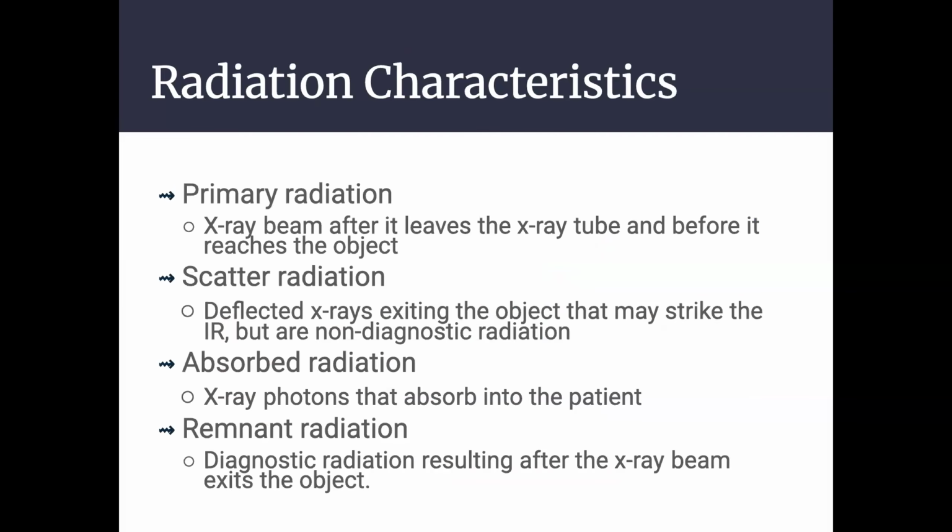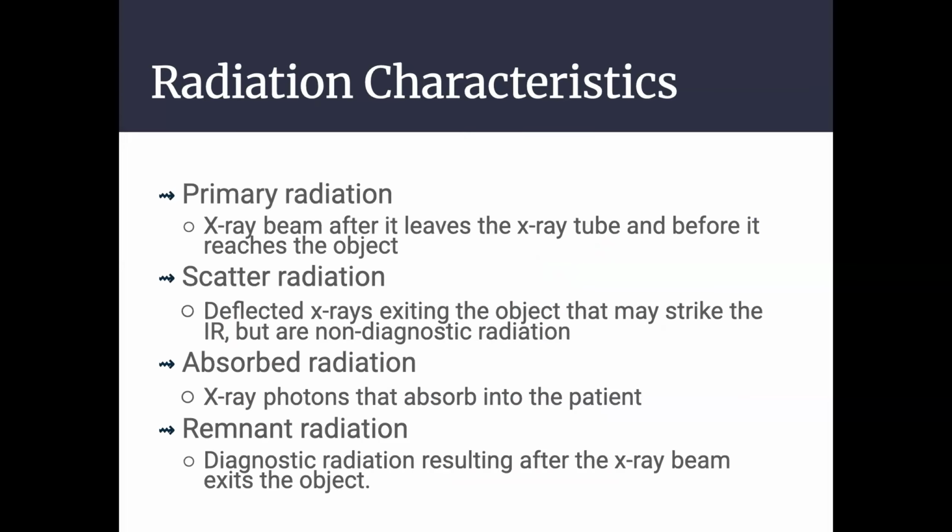And then we have scatter radiation. Scatter radiation is a deflected X-ray that is exiting the object. It might strike the image receptor. It might go off into space. It might go towards the X-ray tech, right? But it is 100% non-diagnostic. It doesn't help at all.